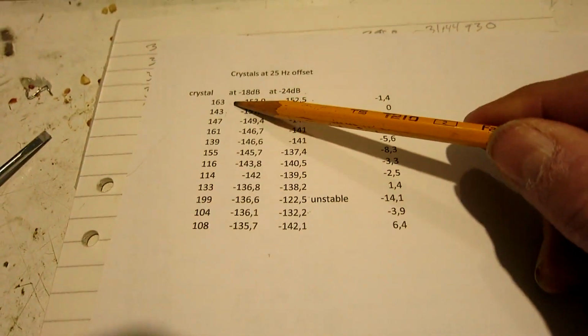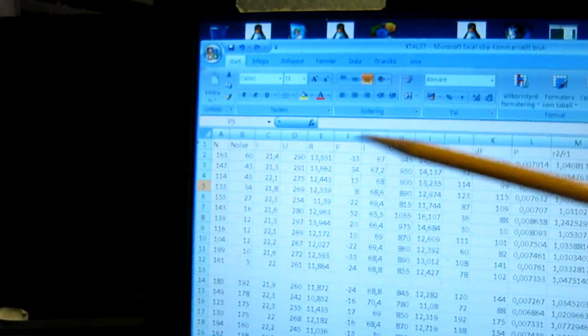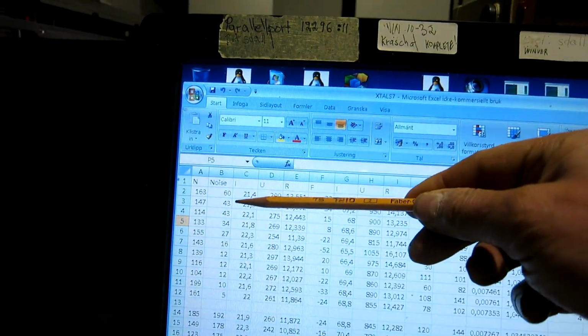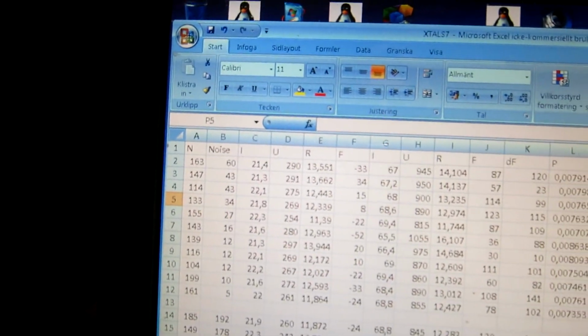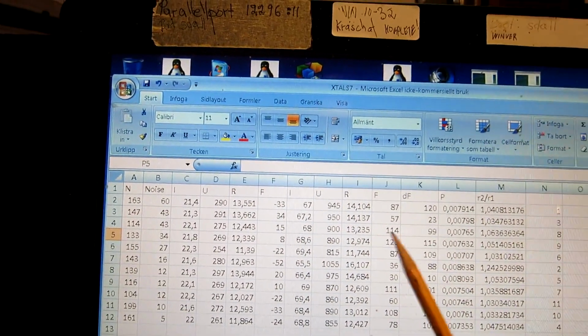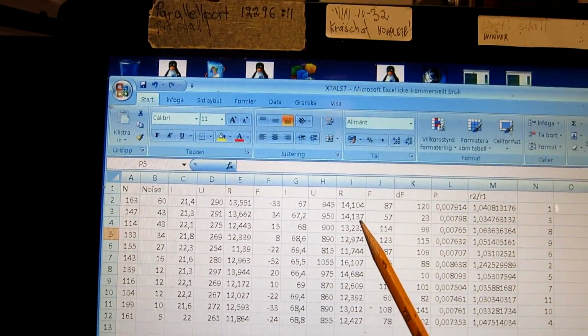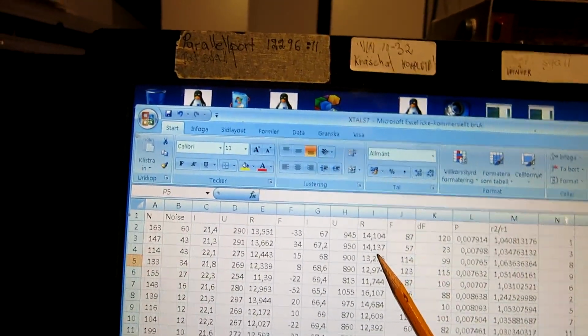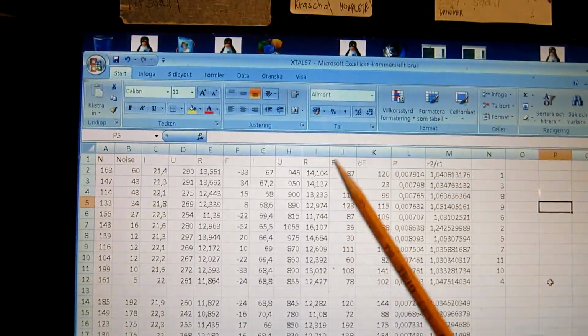The best one here, number 163, is also the best one here. And then comes 147, which is unstable, and I did not detect that. And I don't see anything particular about it. The series resistance is 14 ohms, which is a little high, but not exceptional.